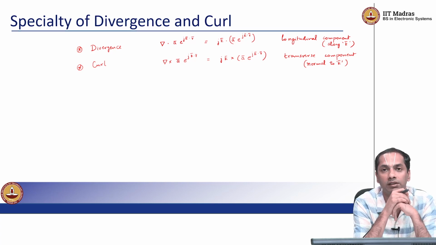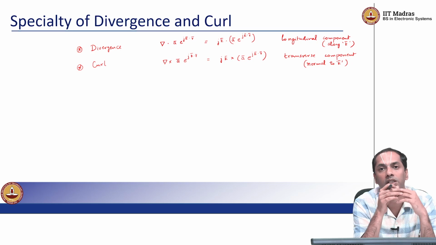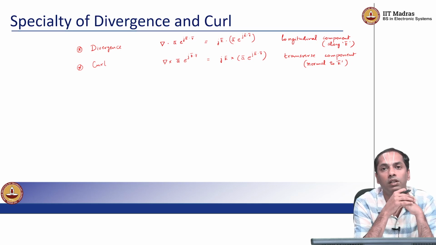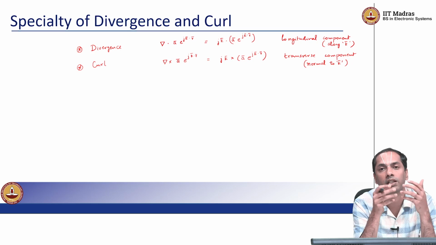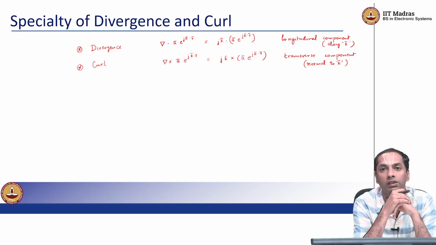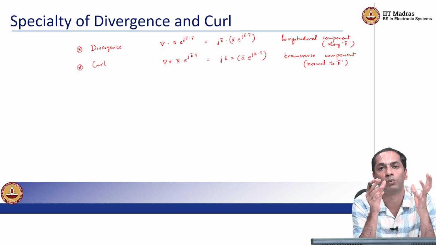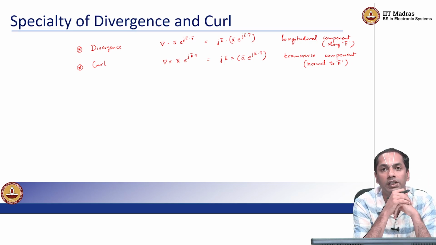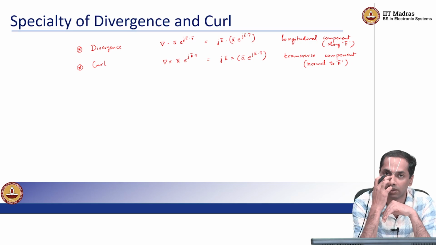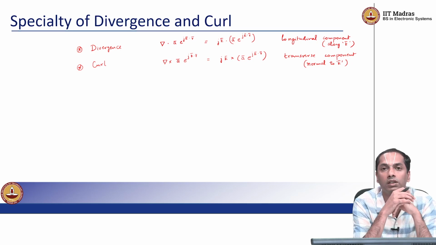We also noticed that if we were to decompose any vector field into its Fourier basis, the divergences and curls essentially reveal the longitudinal and transverse components, and when I take the linear sum of it, because the Maxwell's equations are linear themselves, it can give you the full picture and tell you that the fields can be extracted from the Maxwell's equations.